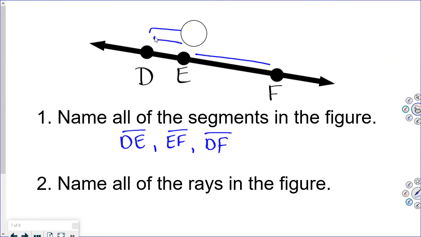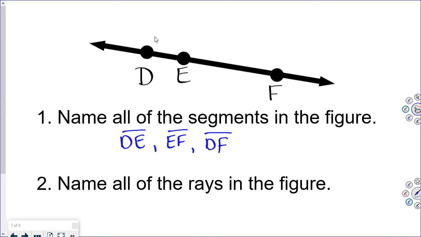Now, keep in mind, you could name any of those segments in the opposite order. You're not naming a new segment, you're just giving the same segment a different name. It'd be like if I had somebody in class who is named William, but that person goes by Will. It's a different name, but it's still the same person. So the same idea. I could name that first segment ED, I could name that second segment FE, and so on and so forth.